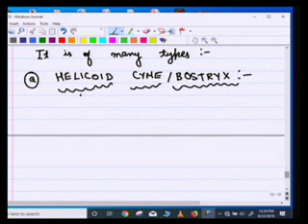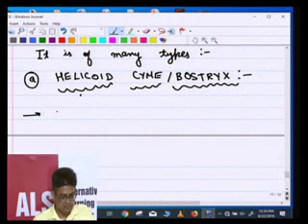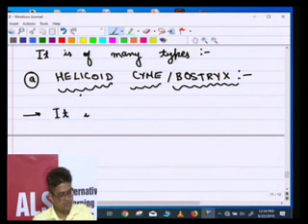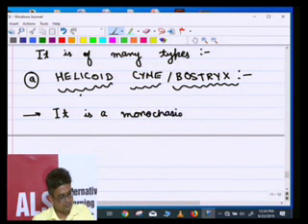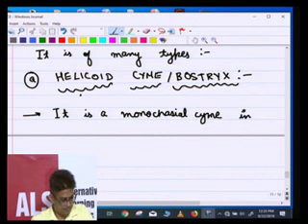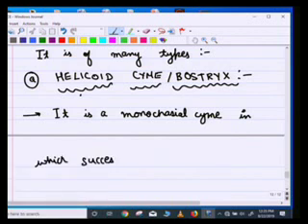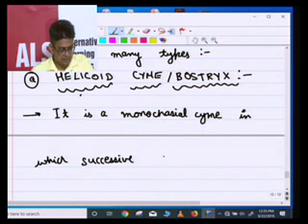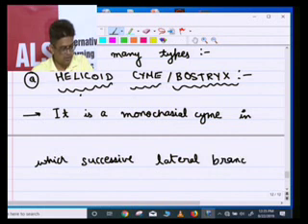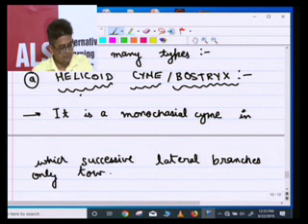You can see here it's a monochasial cyme in which successive lateral branches develop only towards one side.